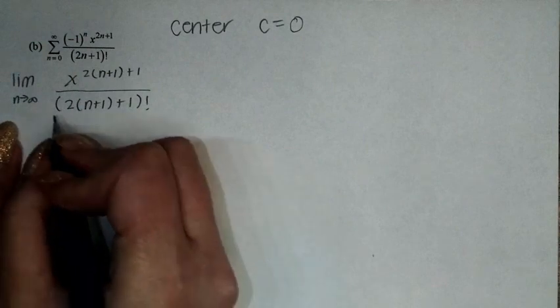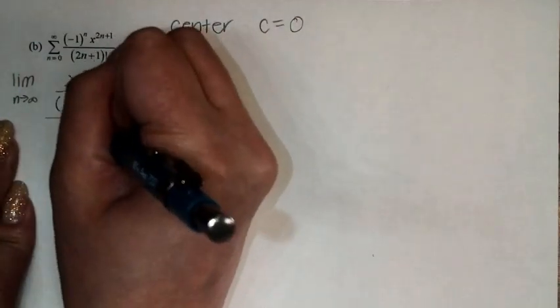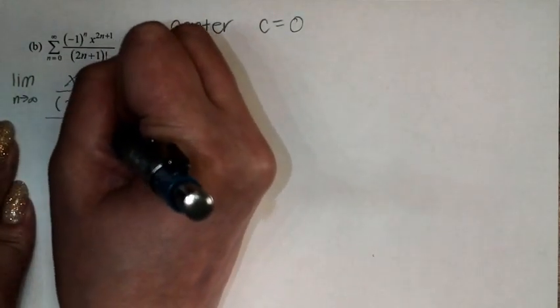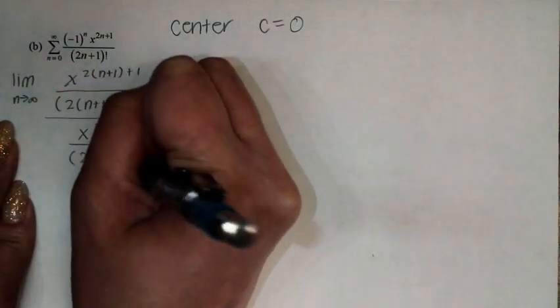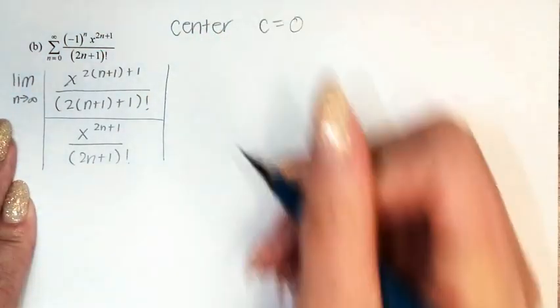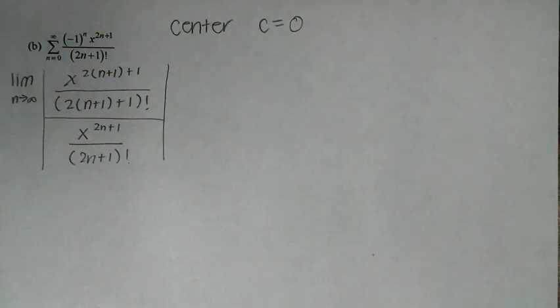All of this is going to be divided by x to the power of 2n plus 1 divided by (2n plus 1) factorial. The ratio test always looks a little bit funky, but we can clean it up very nicely in a second.